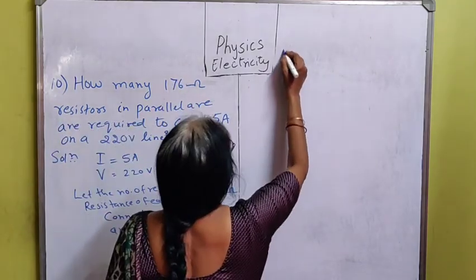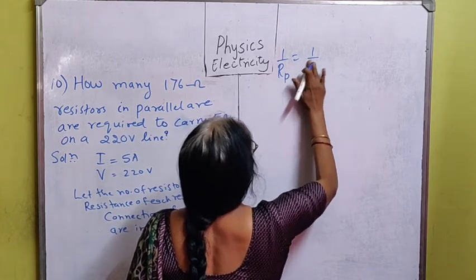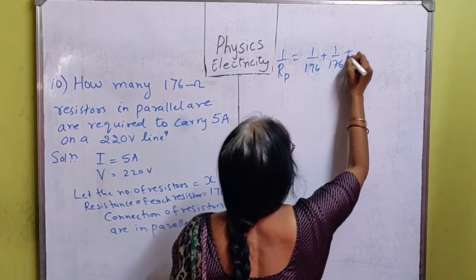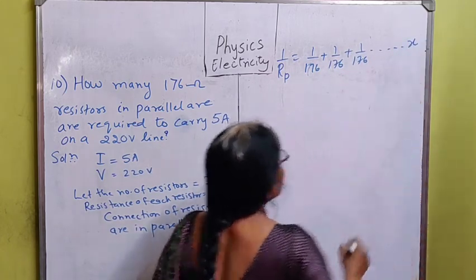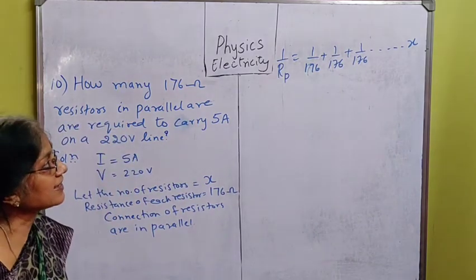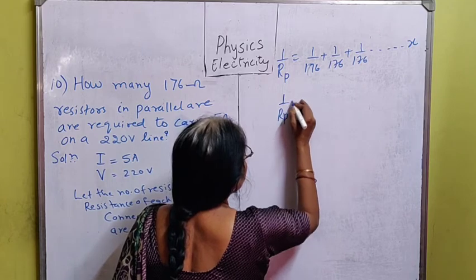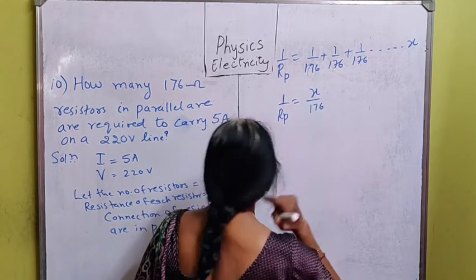So 1 by Rp is equal to 1 by 176 plus 1 by 176 plus 1 by 176, up to x terms. That means 1 by Rp is equal to x by 176.